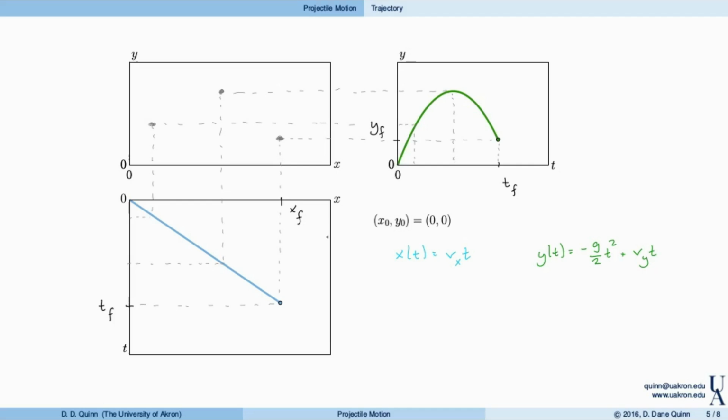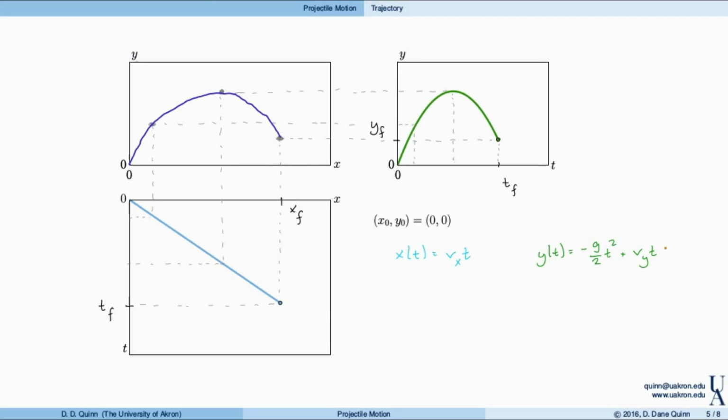So I could continue to do this process by taking a single value of time and looking at the y component, and at the same value of time looking at the x component, and ultimately I would have constructed the trajectory. So in blue, we're able to find the path through space, x versus y.